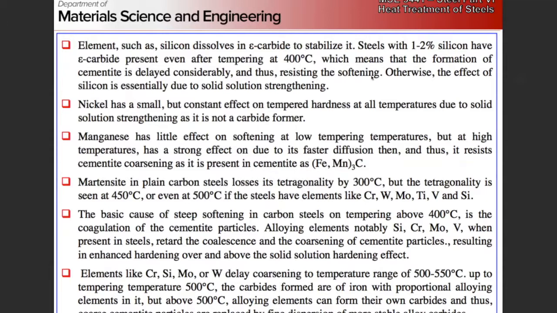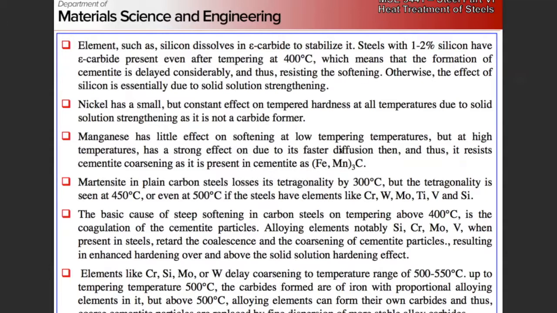Those are the important things to know, right? The crystal structure of epsilon carbide, no. What's the maximum solubility of silicon in epsilon carbide? Who cares? Someone does. But these are things you can look up. Okay?